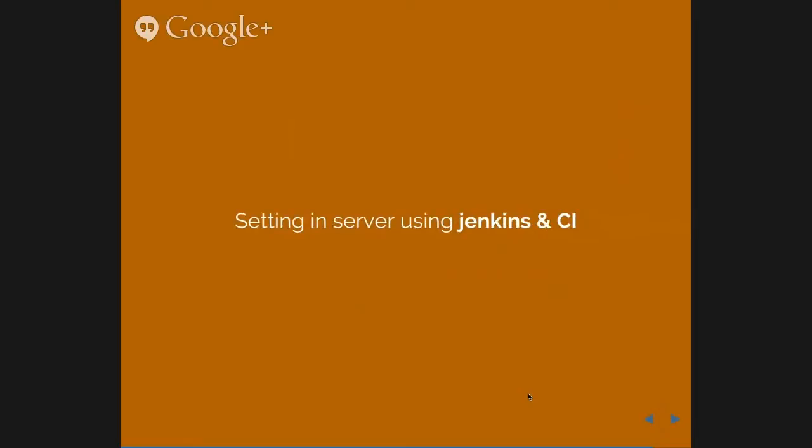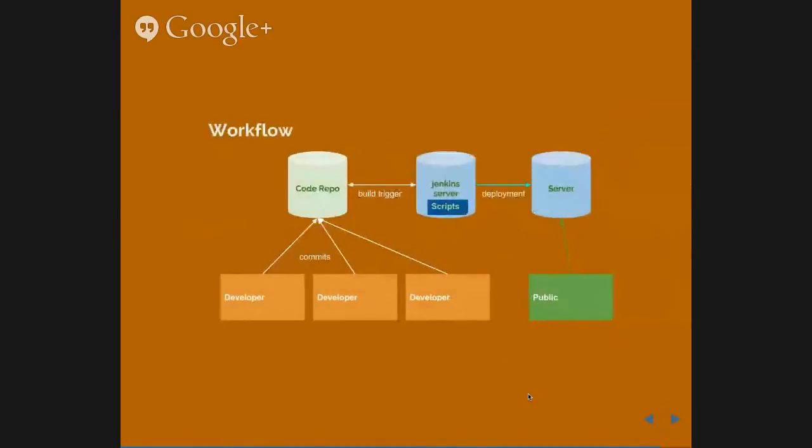Next, the third method is we can use a server to set up all these things. This is a basic workflow of using Jenkins. We are developers, and we just commit things into the code repo, and there will be a build trigger that will trigger the Jenkins script, and it will build the whole thing.